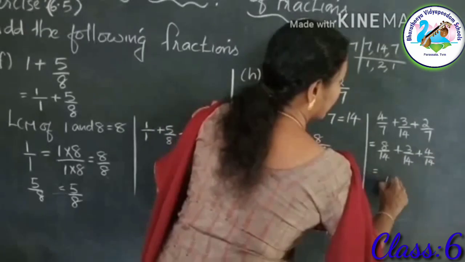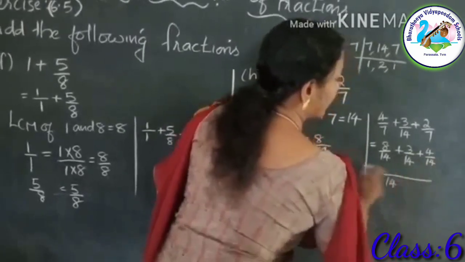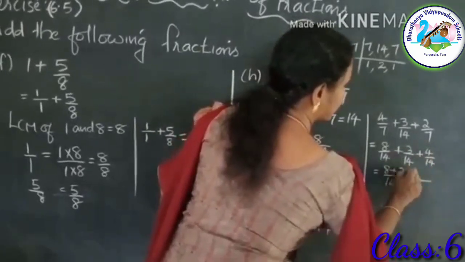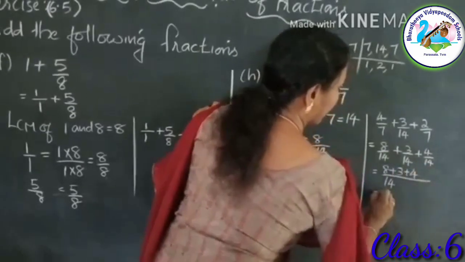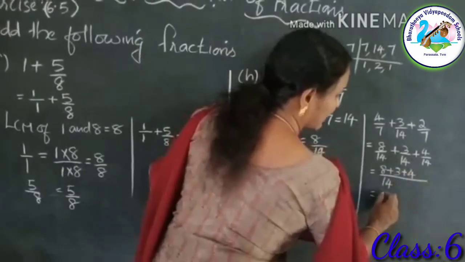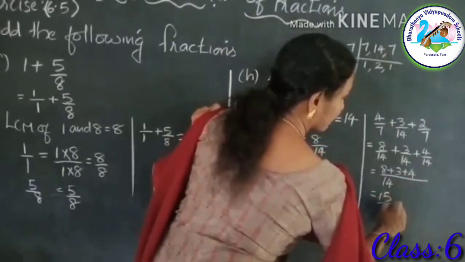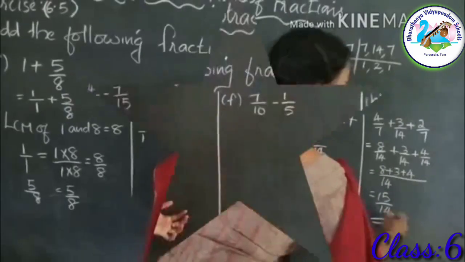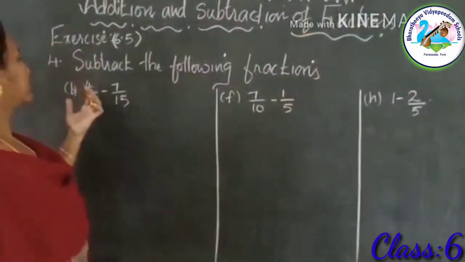With the common denominator, we add the numerators 8 plus 3 plus 4. 8 plus 3 is 11, 11 plus 4 is 15. So 15 by 14.